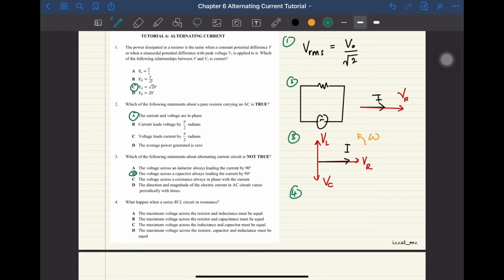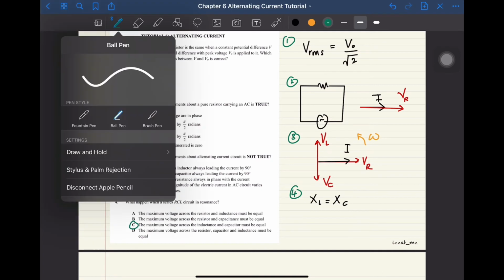So for question number 4, the first thing that happens when it is at resonance is that XL equals XC. The maximum voltage across the capacitor, across the resistor and inductor must be equal. Not true. Maximum voltage across the resistor and capacitance must be equal. Not true as well. Maximum voltage across the inductance and capacitor must be equal. This one is correct actually. And this last one is not true as well. So the answer is C.